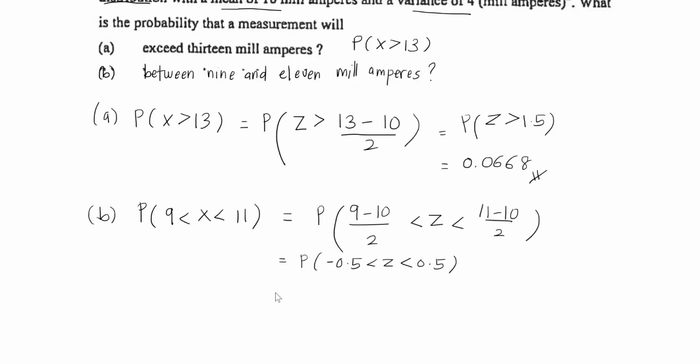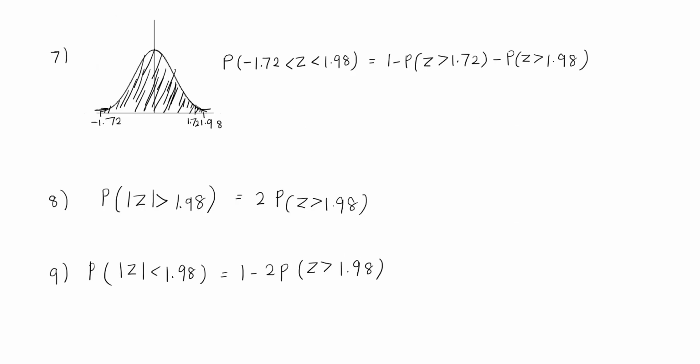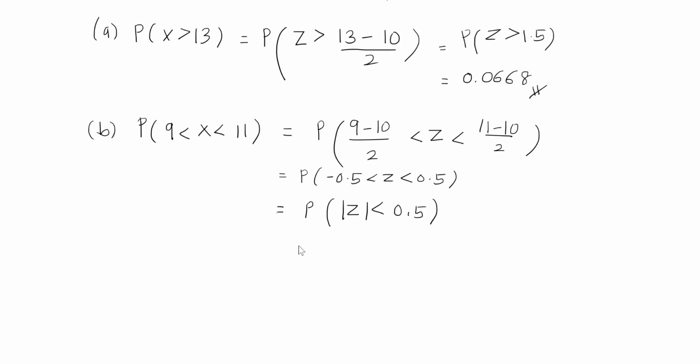This is equal to the probability that the modulus of Z is less than 0.5, which is equal to 1 minus 2 times P of Z greater than 0.5.